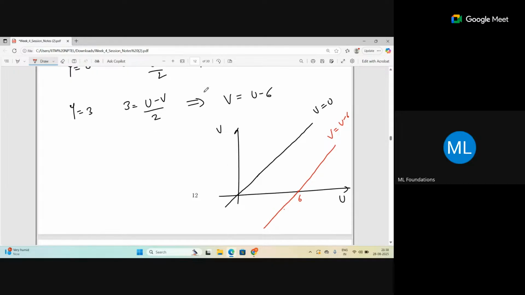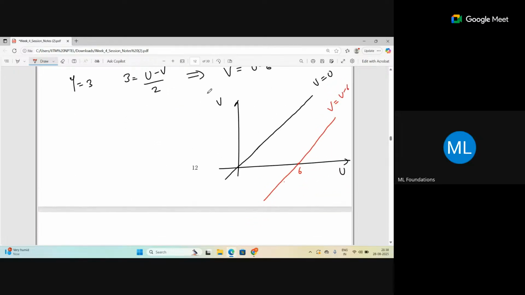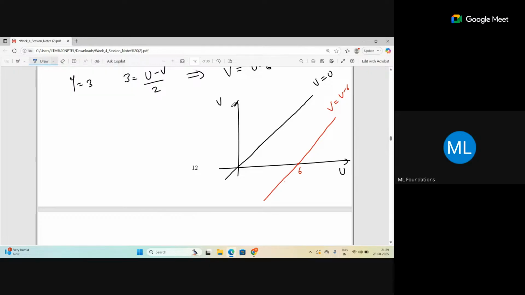Okay. What about v equal to minus u? It's a negative slope, so I think that has to be like this. v equal to minus u will pass through the origin, right?